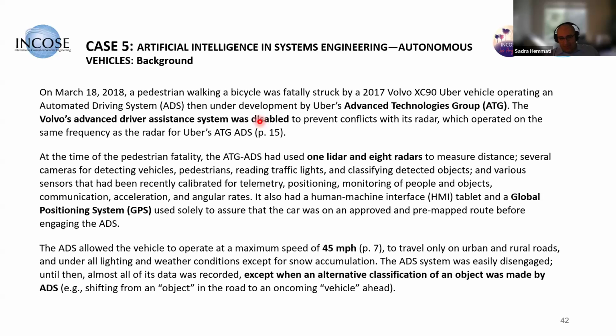So we can see they canceled a redundancy mechanism up front. Maybe the reason was to prevent conflicts with its radar, which operated on the same frequency as Uber's radar. But they could have used this technology to add another, redundant layer.